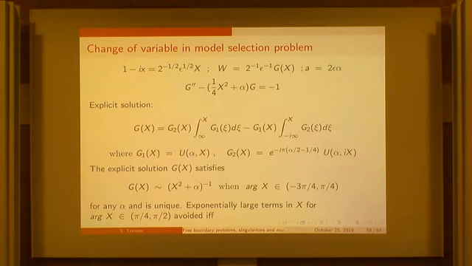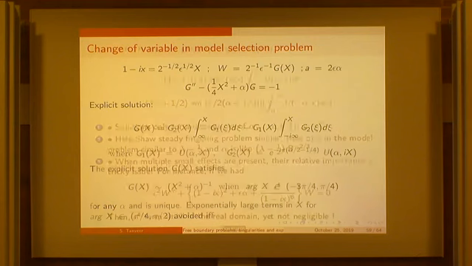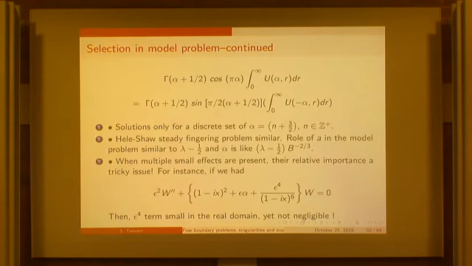Okay? But in order that the exponentially large terms are avoided, you need an eigencondition. This is the quantization condition. And therefore, you get a selection.